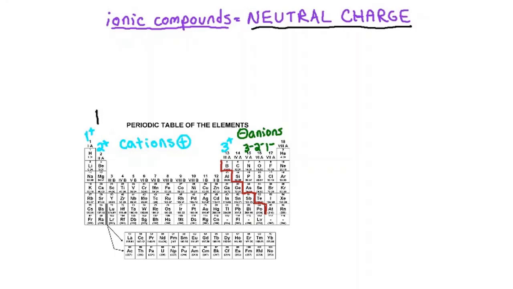So these charges over here, the positive charges of the cations in column 1A is 1 plus, in column 2A is 2 plus, and in column 3A over here is 3 plus, and then the negative anions, -3, -2, and -1 in the 5, 6, and 7A columns, you're going to have to get enough cations and enough anions together so that their charges will equal 0.